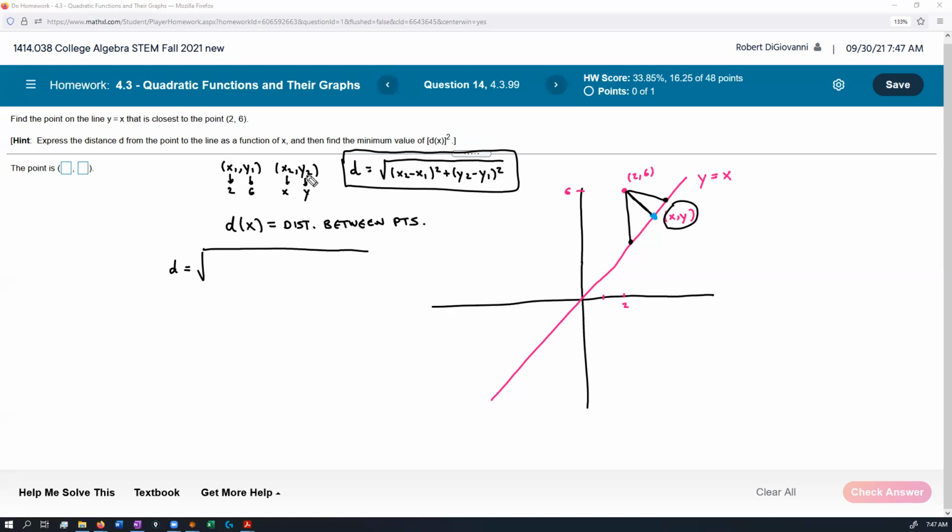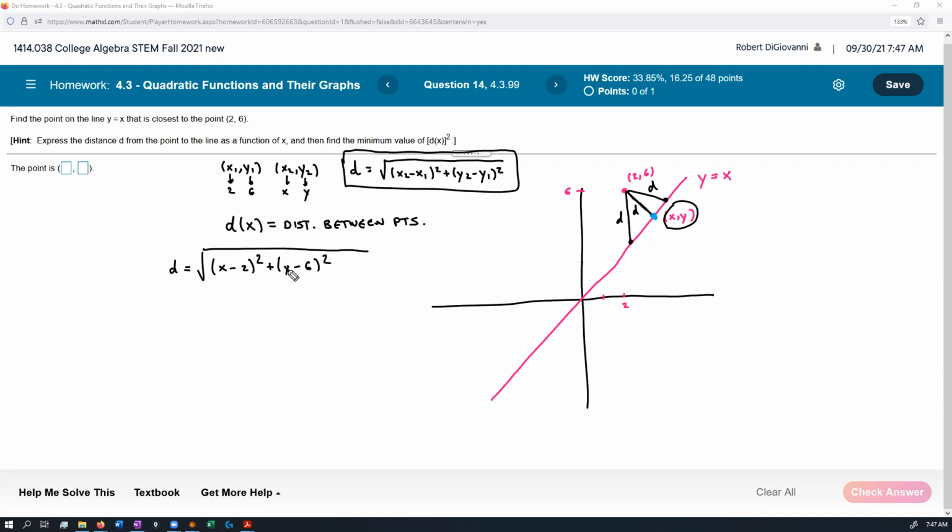So x2, which is x, minus x1, which is 2, squared, plus y2, which is y, minus y1, which is 6, squared. This represents the distance between those two points. It could be this, it could be this, could be this. That's just a general formula.